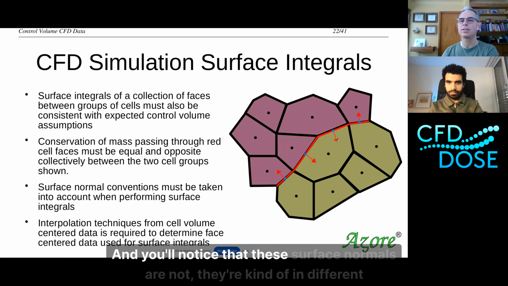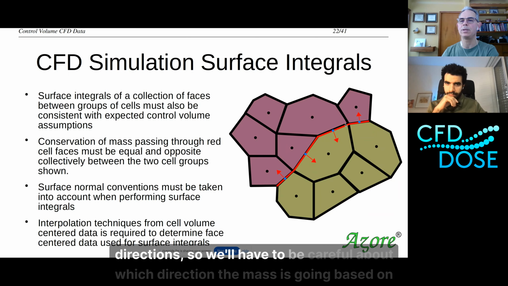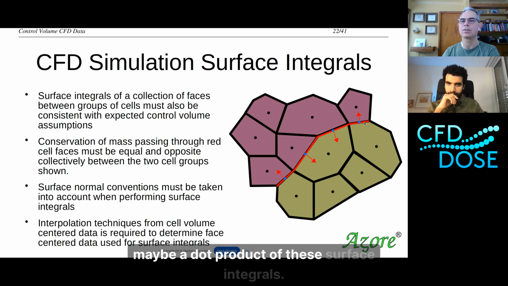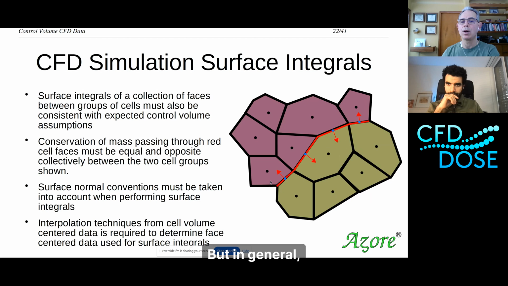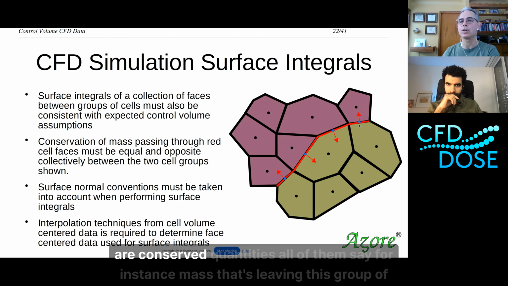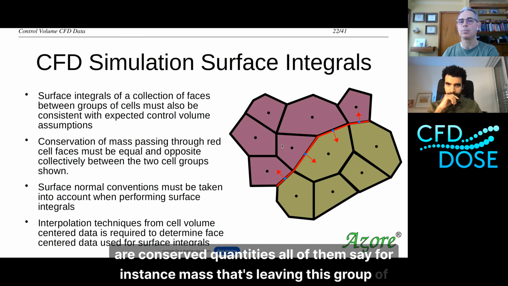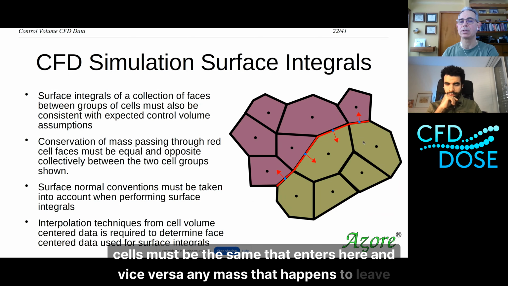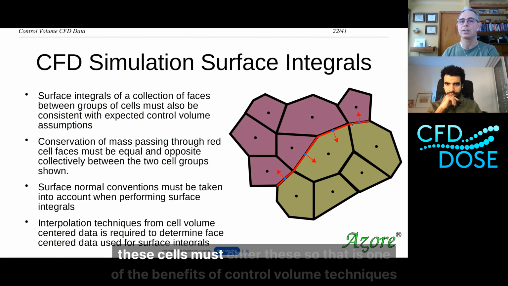You'll notice that these surface normals are in different directions, so we'll have to be careful about which direction the mass is going, based on maybe a dot product of these surface integrals. But in general, if we do an integral through here, our conserved quantities, all of them, say for instance mass, that's leaving this group of cells must be the same that enters here, and vice versa. Any mass that happens to leave these cells must enter these.